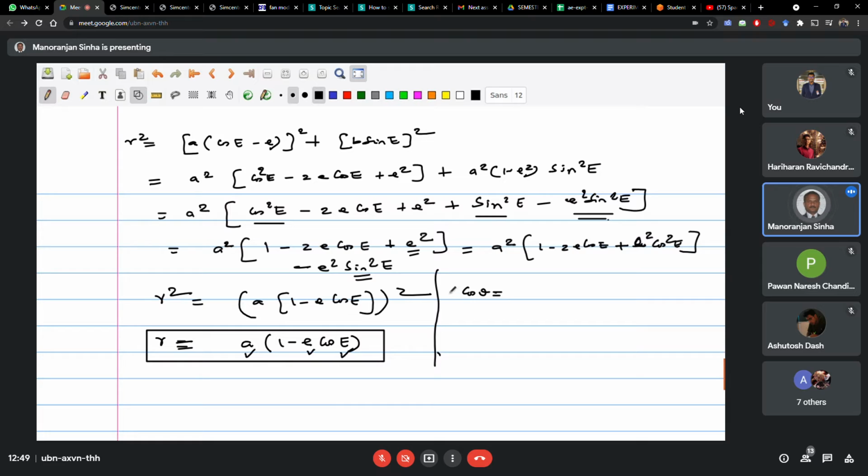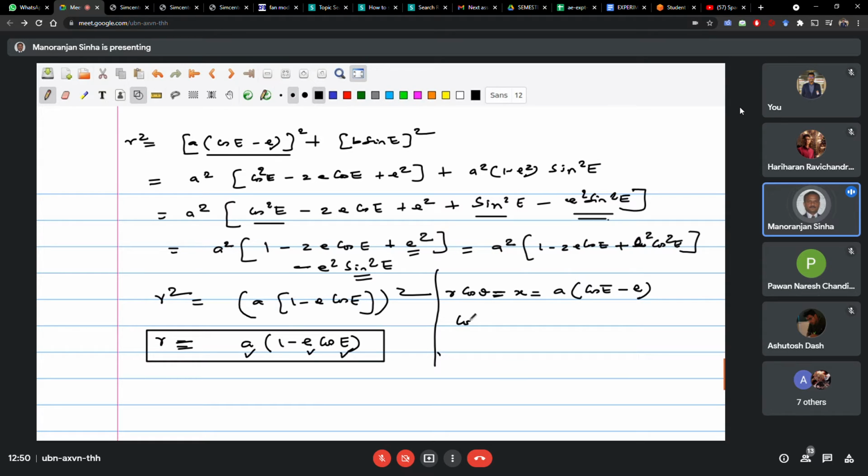Similarly, r cos theta is equal to x, and x we have written as a times cos E minus e, on the previous page, or either here in this place it is given.